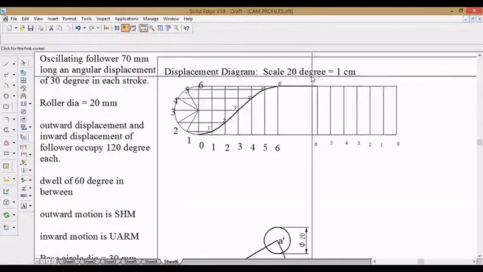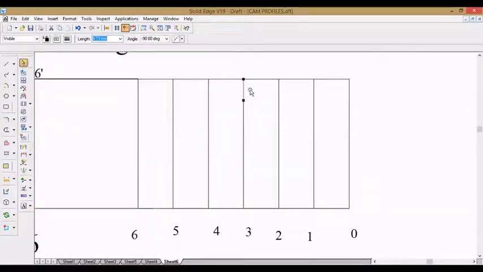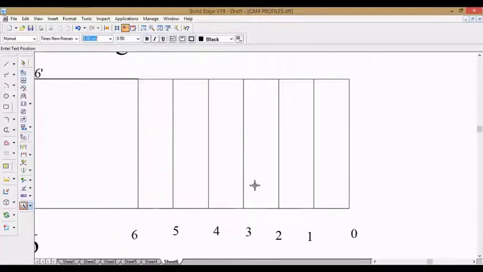I take the zoom here. So 1, 2, 3, 4, 5, 6 divisions. Right. So this is 6 dash now. Since from here to here it is dwell, we will get 6 dash as it is.